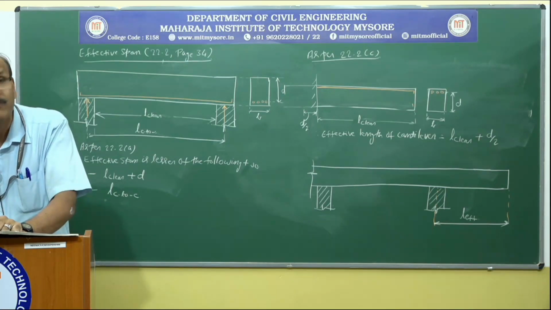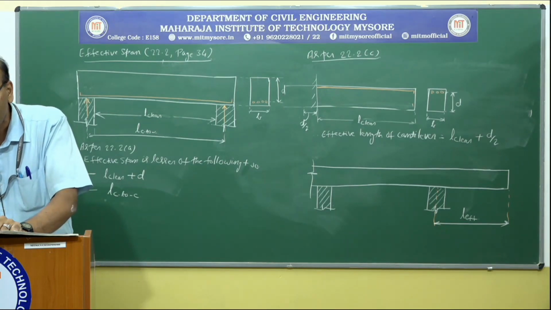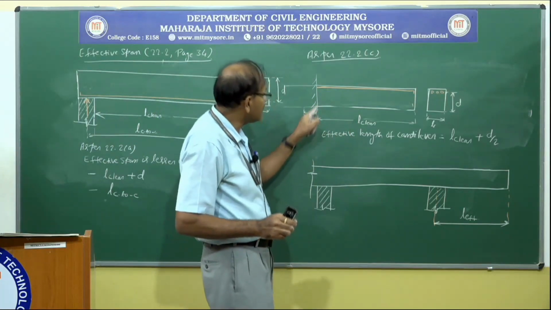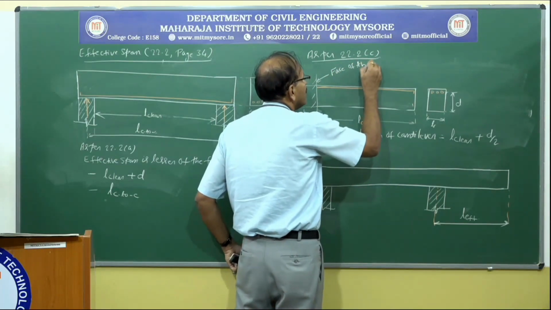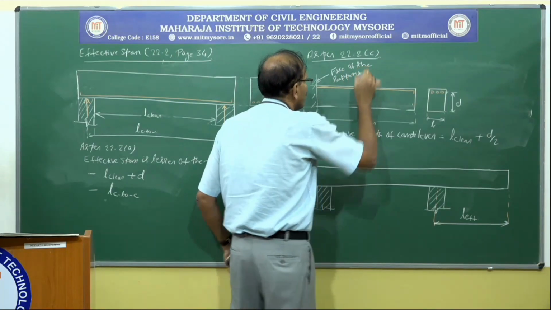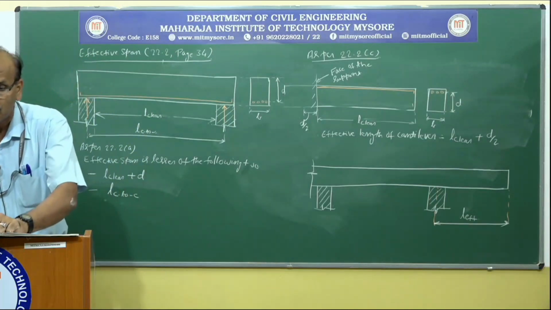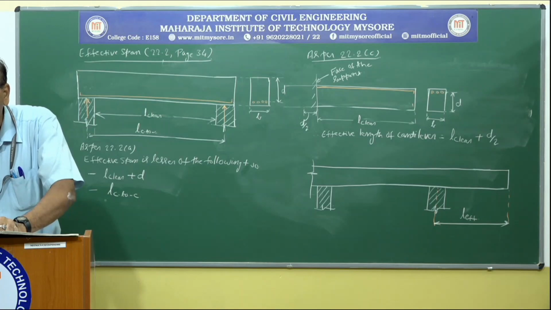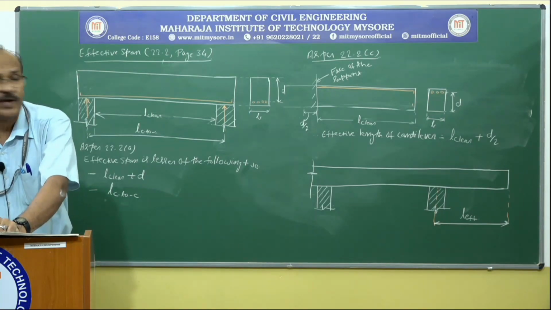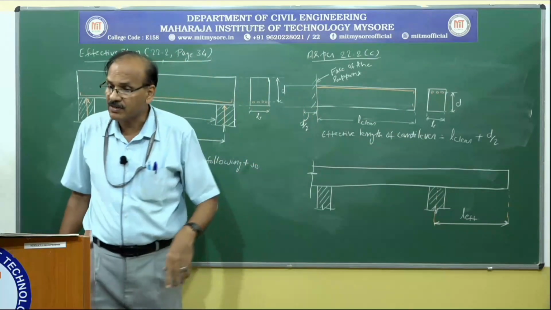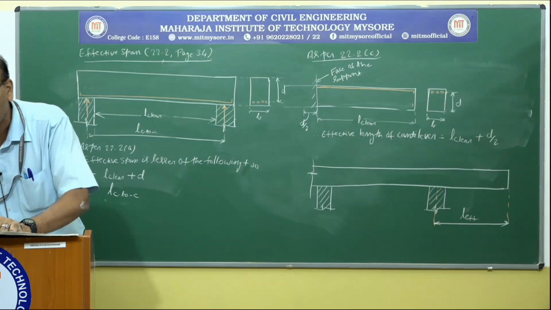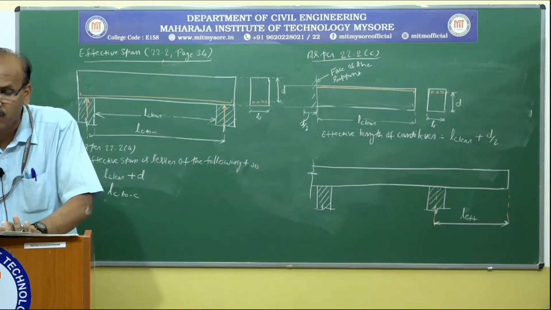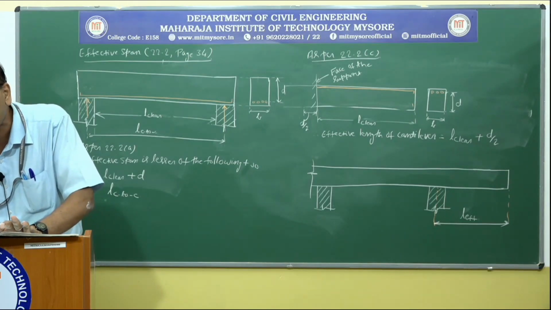It says the effective length of a cantilever shall be taken as its length to the face of the support plus half the effective depth, except where it forms the end of a continuous beam, where the length to the center of support shall be taken. This is the face of the support.